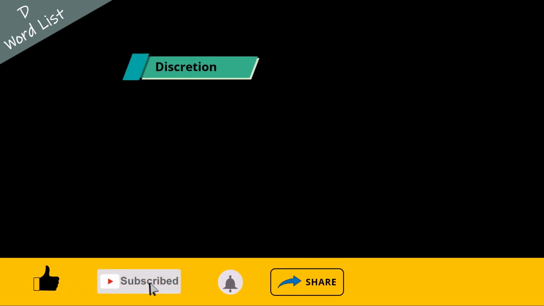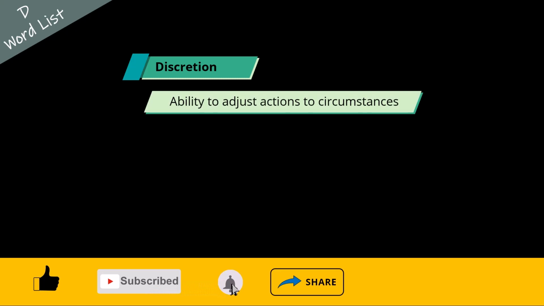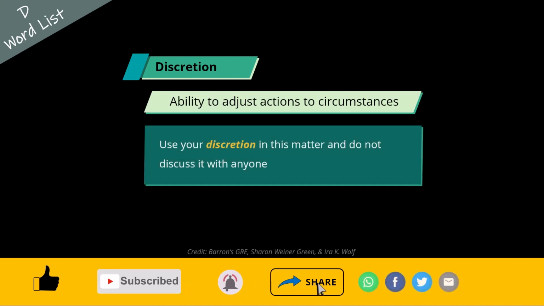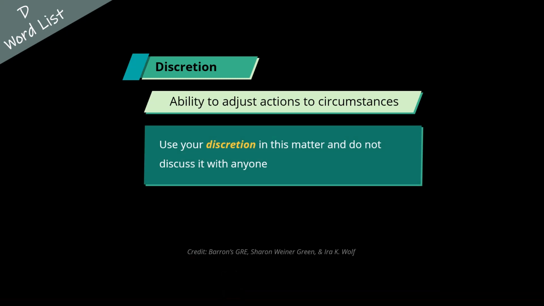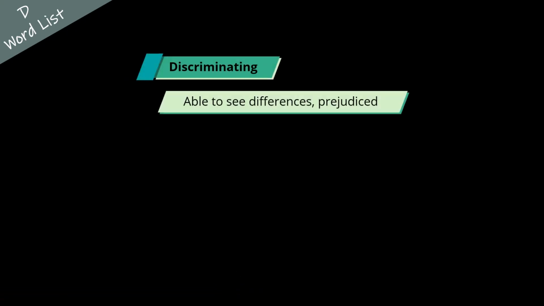Discretion means ability to adjust actions to circumstances. For example, use your discretion in this matter and do not discuss it with anyone. Discriminating means able to see differences, prejudiced.